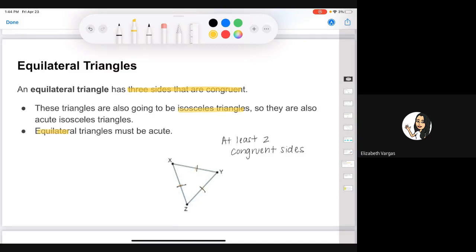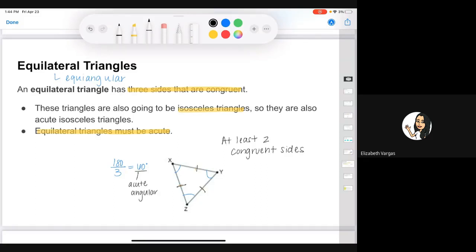And just a heads up that all equilateral triangles must be acute. If it's equilateral, then it's equiangular, meaning it's acute. All three sides are the same. If I know all three angles sum to 180, 180 divided by 3, each angle is 60 degrees, which is an acute angle.